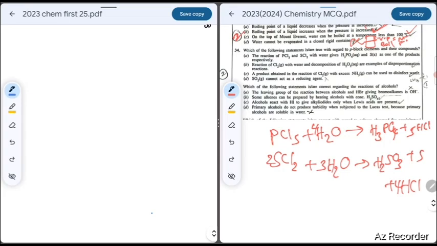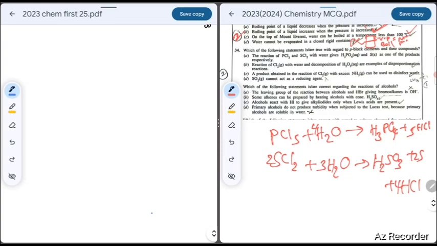So here 2 S, 4 Cl, 3 H2 is 6 H, and on the other side 4 H from HCl plus 2 H from H2SO3 gives 6 H. Right, this is balanced.